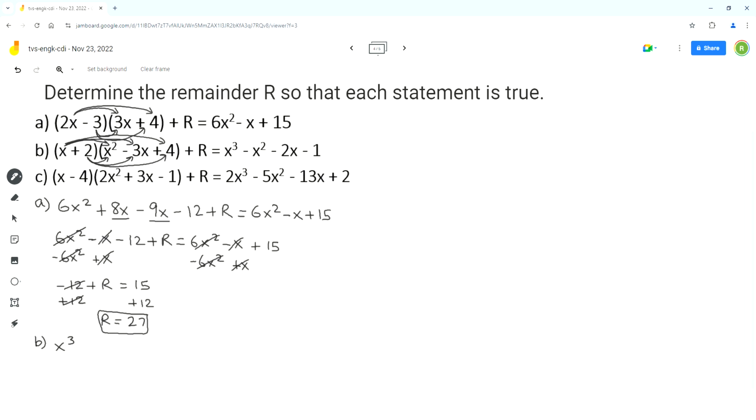X times negative 3x is minus 3x squared. X times 4 is 4x. 2 times x squared is 2x squared. 2 times negative 3x is negative 6x. 2 times 4 is 8.